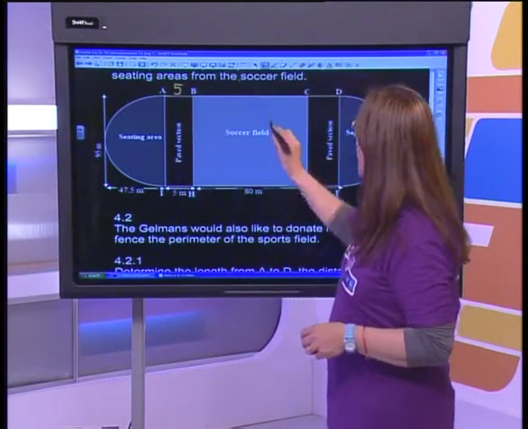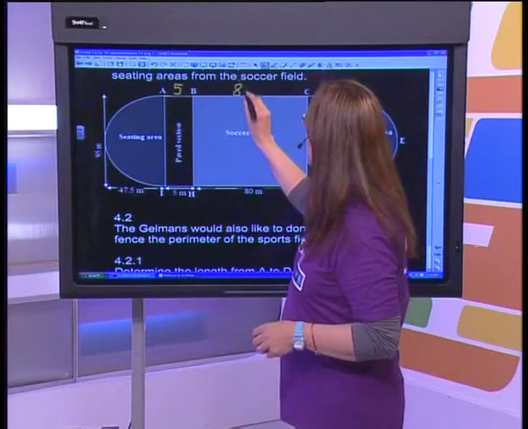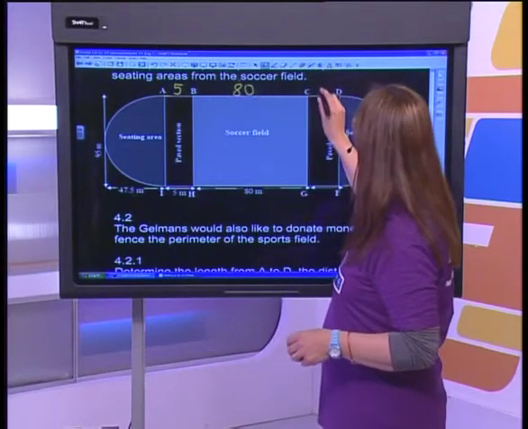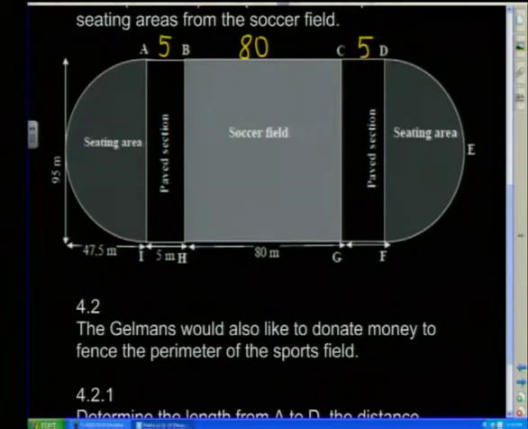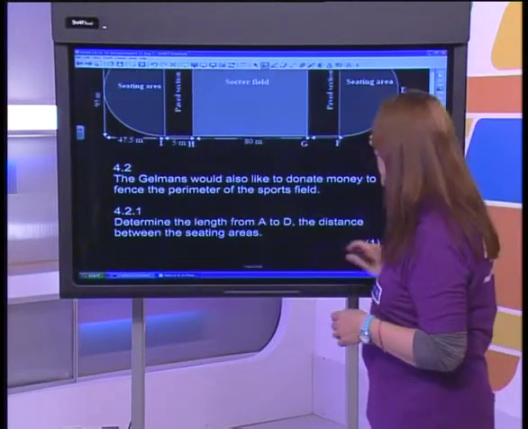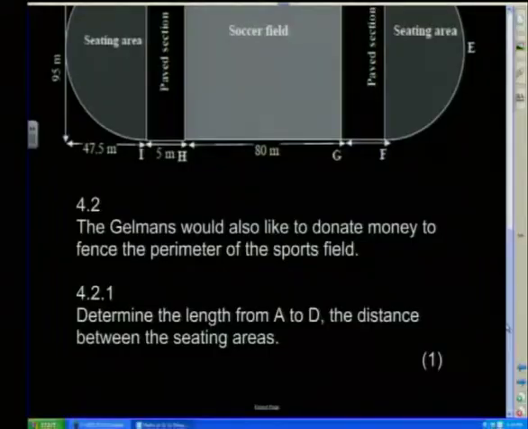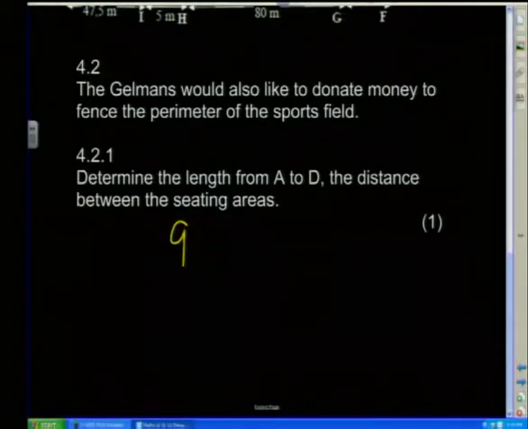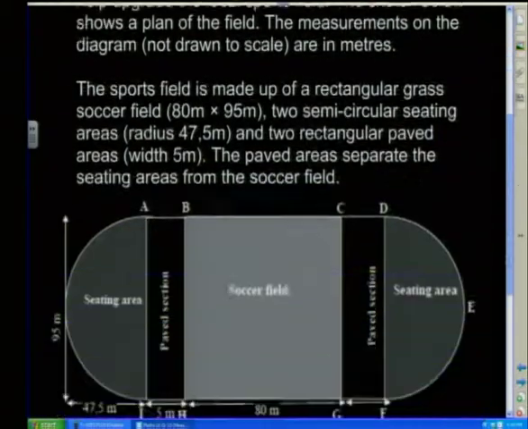The length of our soccer field, so BC, is 80 meters. And this paved area is 5 meters. So 5 plus 80 plus 5 is clearly just, let's get this in, 90 meters. Right, next question.